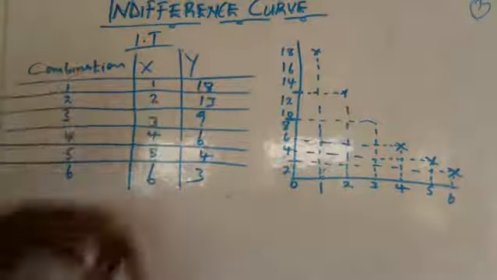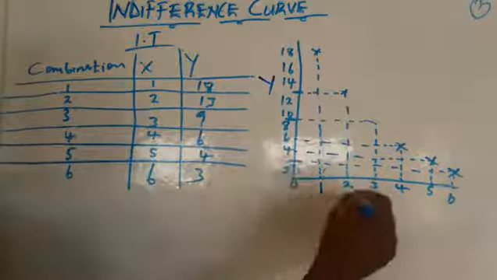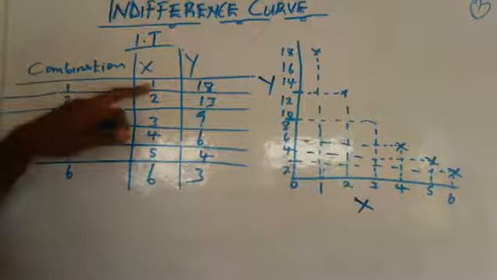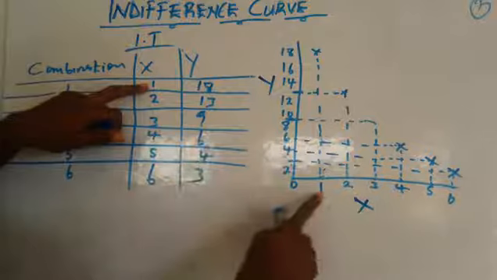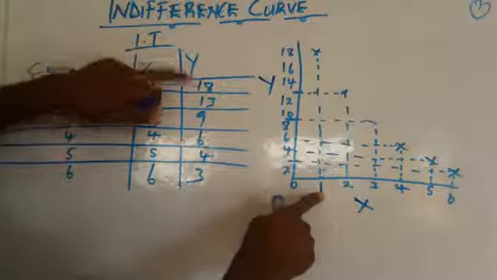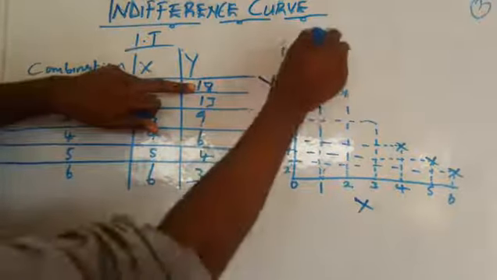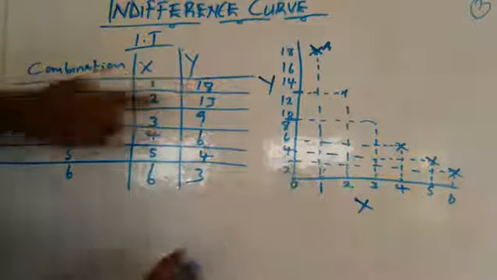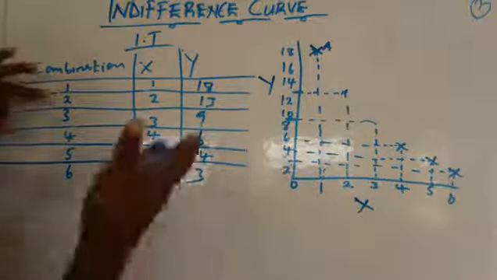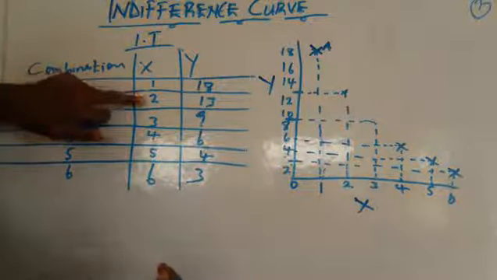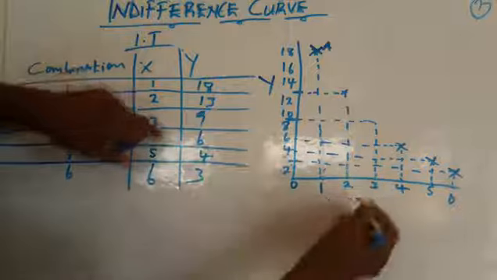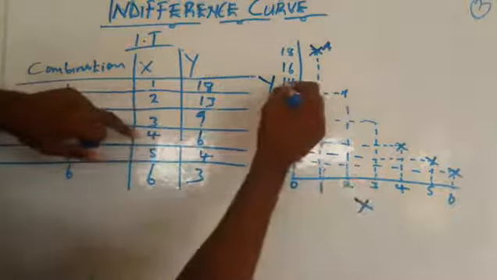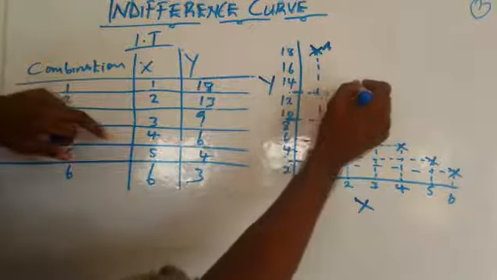This is my Y, and this is my X. So when I consume 1 of X, then what is my Y? I consume 18. This is the point here. I can say A. Now, when I still want to maintain the same level of satisfaction, I consume 2 of X, then I reduce my Y to 13. So I have 2 of X and 13 of Y. I can say this is B.